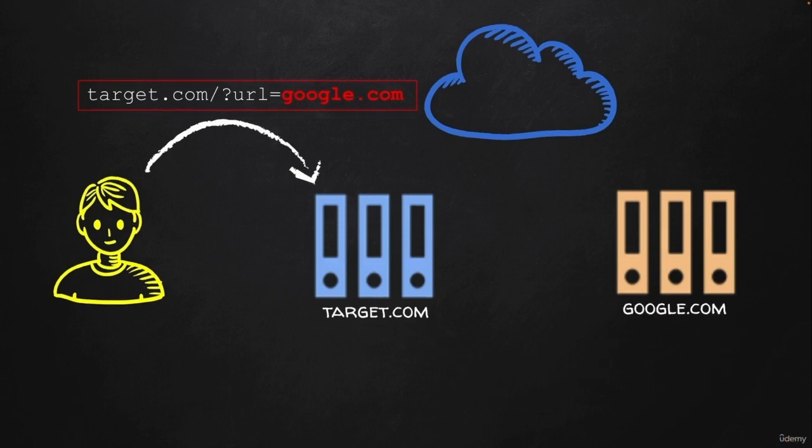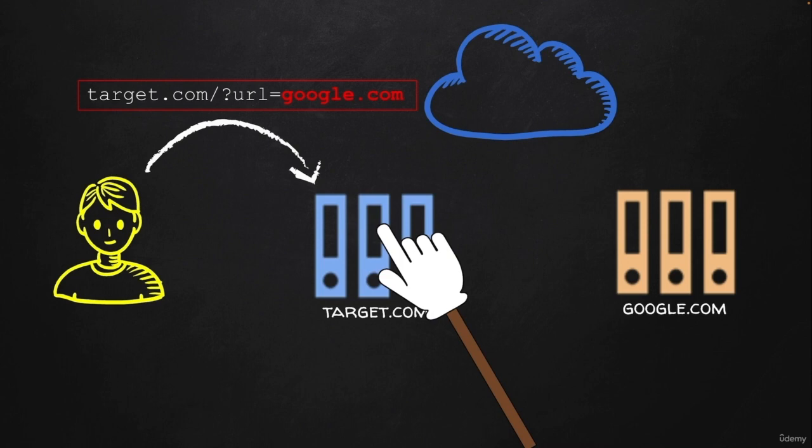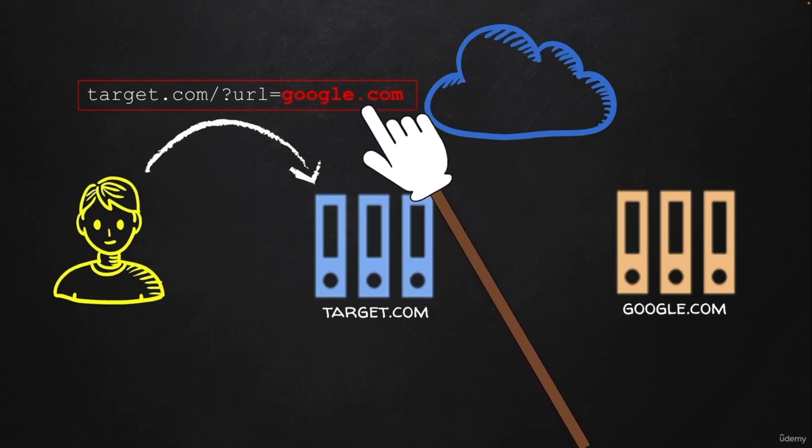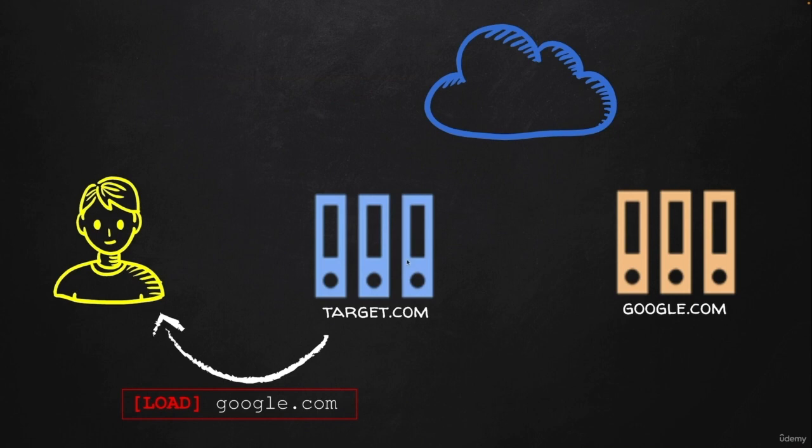So what's happening in an open redirect vulnerability? We're sending a forged request to the target vulnerable website with a URL, and as a result, the target website is actually sending a response back to the user, telling the web browser to load the website we specified.